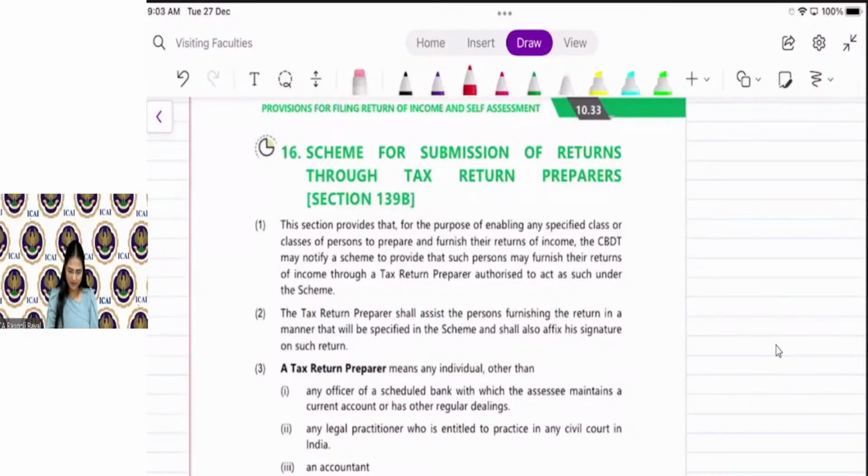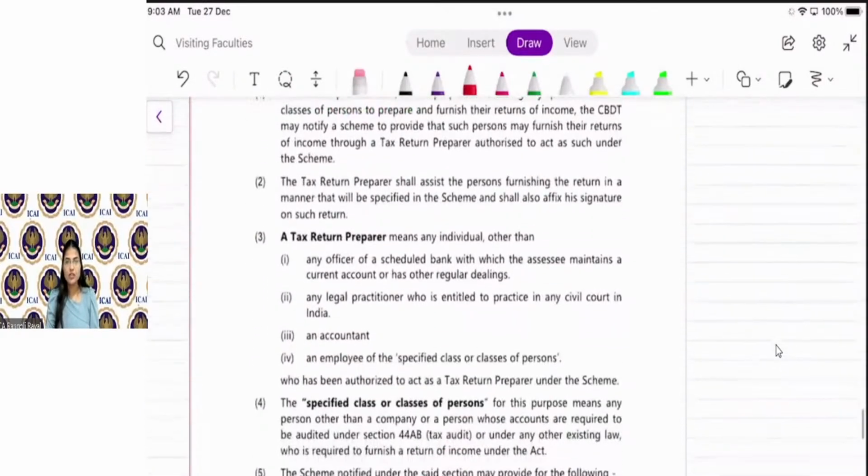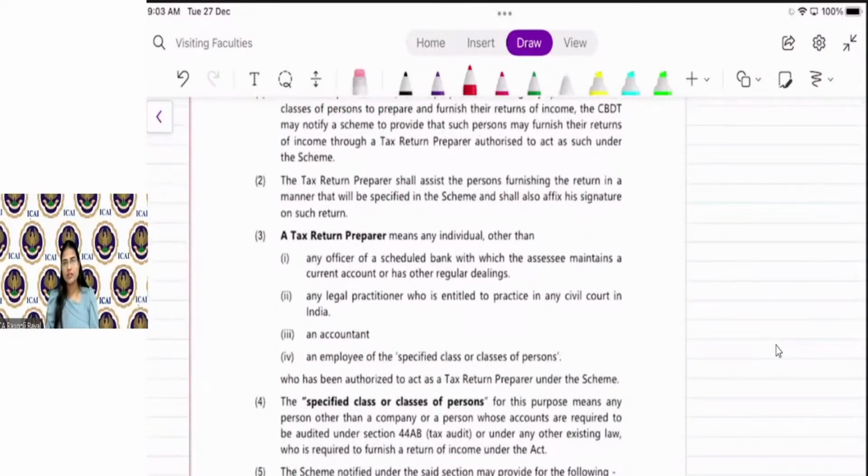The tax return preparer shall assist the person furnishing the return in the manner specified in the scheme and shall also affix his signature on such return. So if you are assisting someone to file their return of income, then in their return you have to attach your signature also as the tax return preparer.